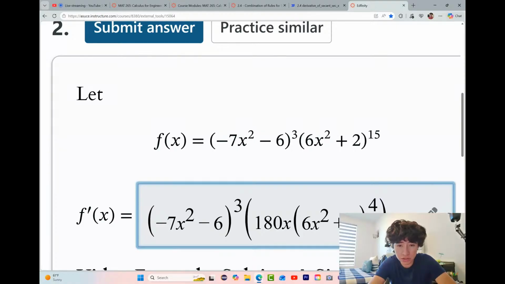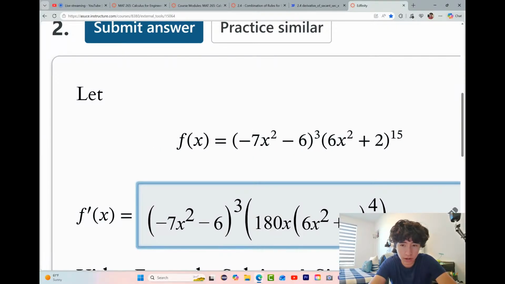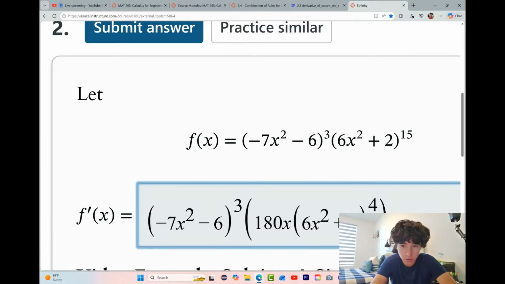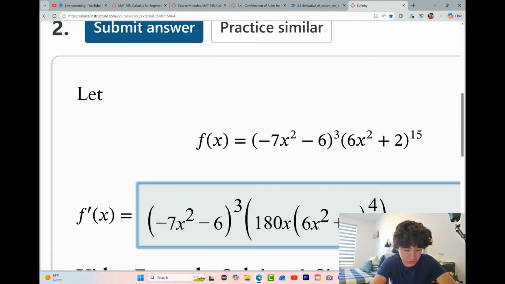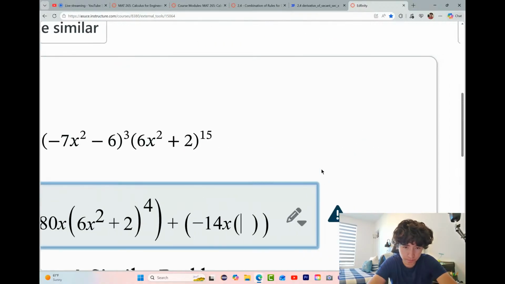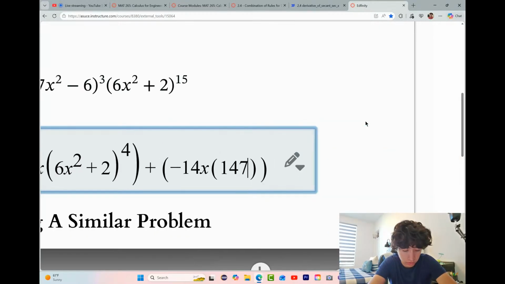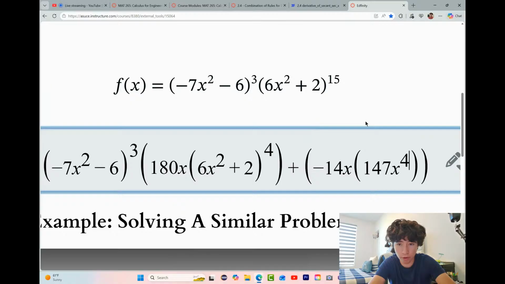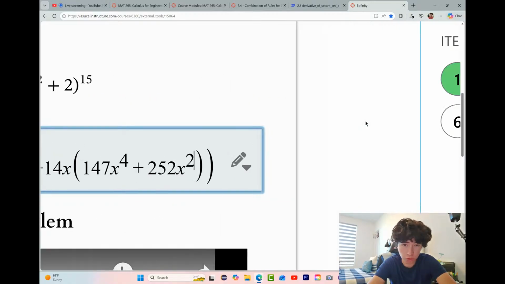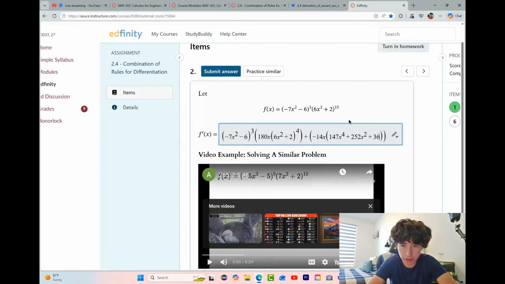All right, and then plus f prime of x. So then here we're going to have negative 14x. Better put some parentheses. Negative 14x, and then a huge number right here, which is going to be 147x to the power of 4 plus 252x to the power of 2 plus 36.